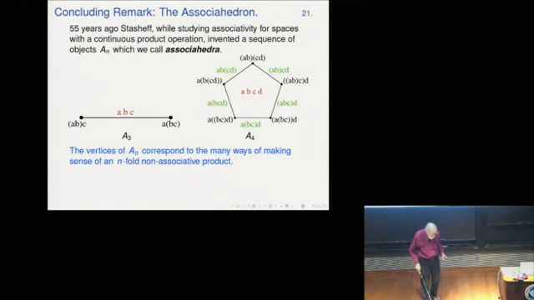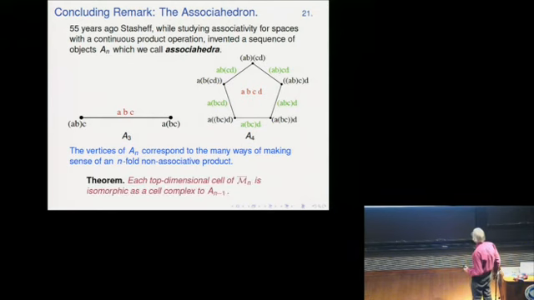And now the amazing theorem is that each top-dimensional cell of M bar is isomorphic as a cell complex to A(n-1). I'm not sure who first discovered this. It's been known for some time. Well, let me just try to outline a kind of proof.